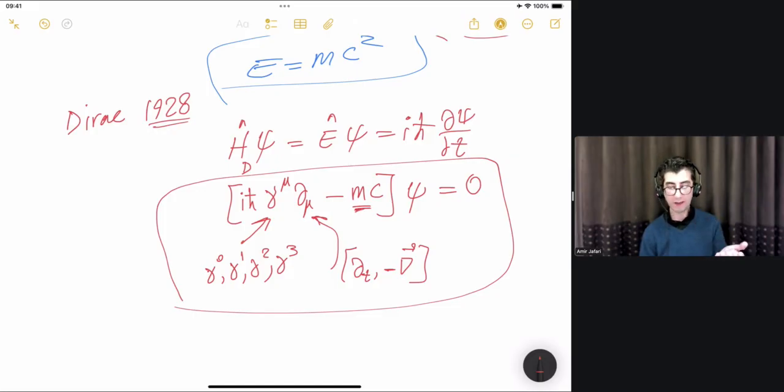So you are working with a picture in which you have a single particle. But then you have this whole theory, many particles, infinite number of particles. So it's confusing how many particles you have. So for reasons like this, the Dirac equation doesn't work as well as a relativistic extension of the Schrödinger equation.